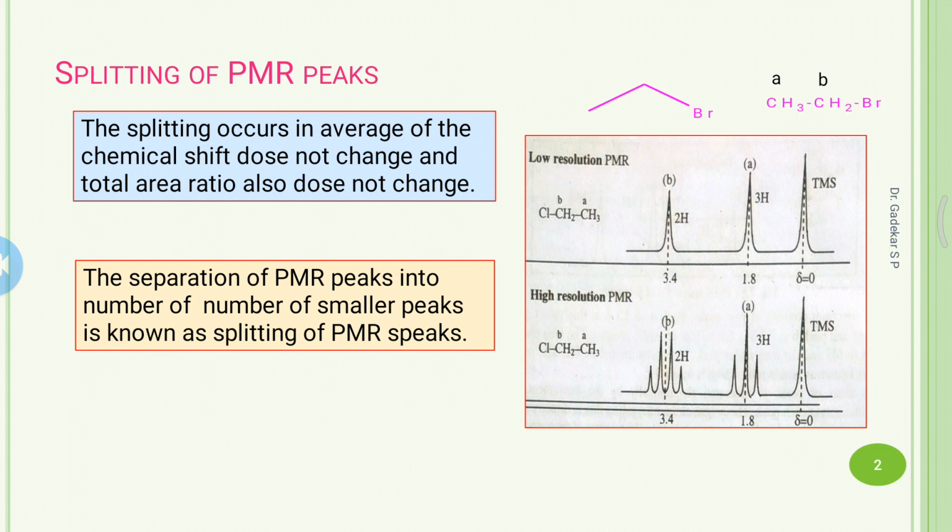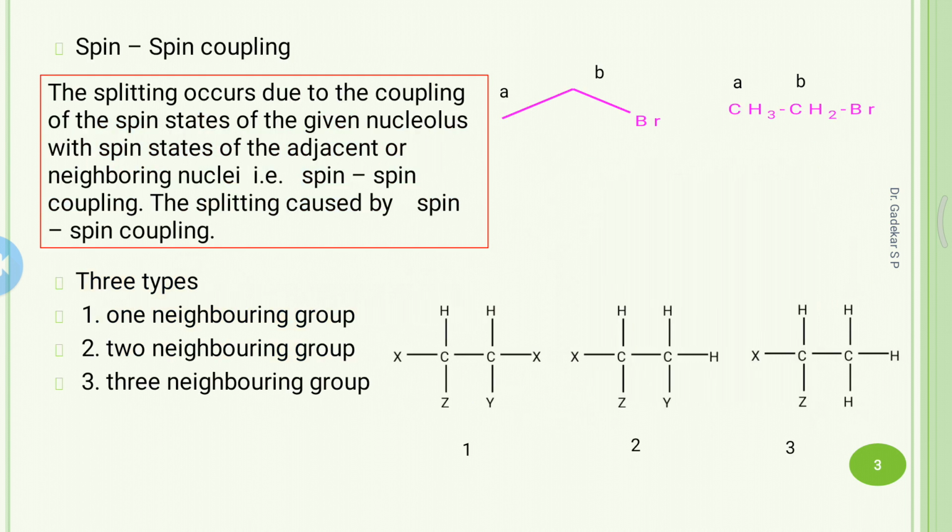The separation of PMR peaks into a number of smaller peaks is known as splitting of PMR peaks.